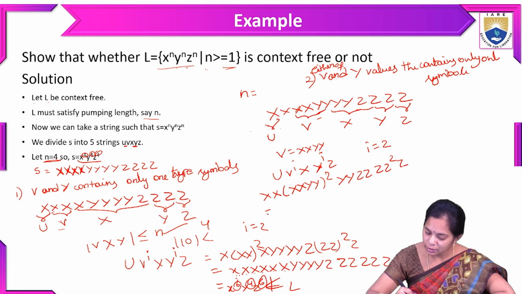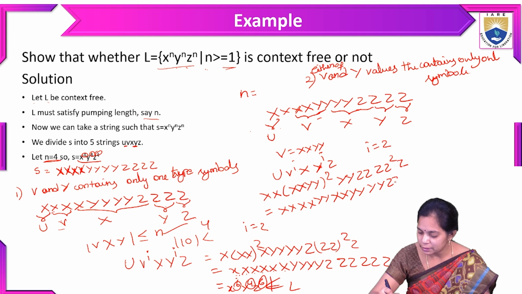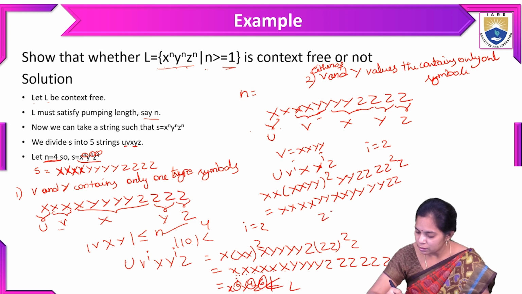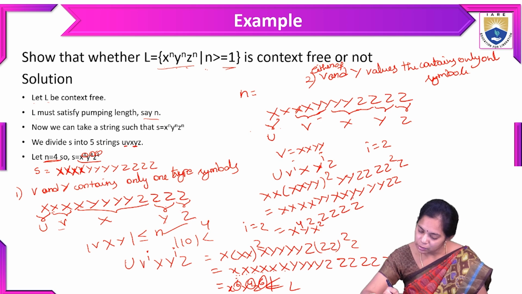After this entire result, we finally have the result x power 4, y square, x square, y power 4 and z power 6. So this is finally what we got.